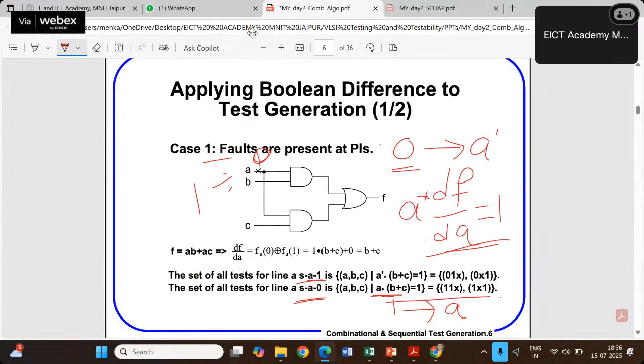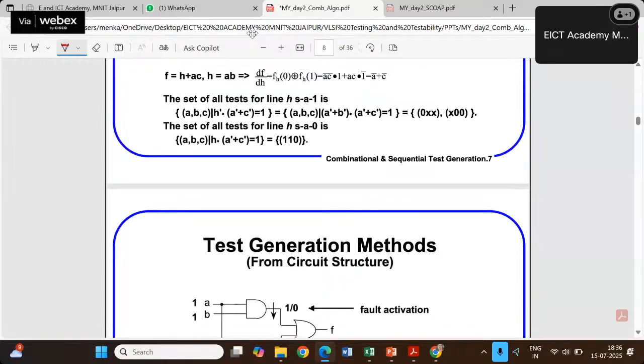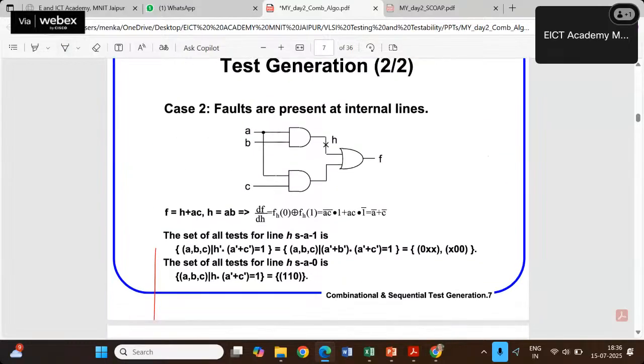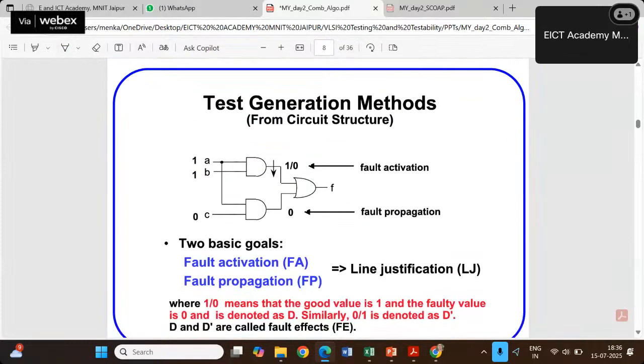Fine. So the Boolean difference method we have discussed.